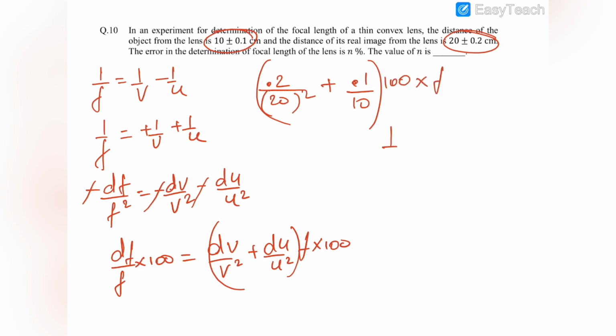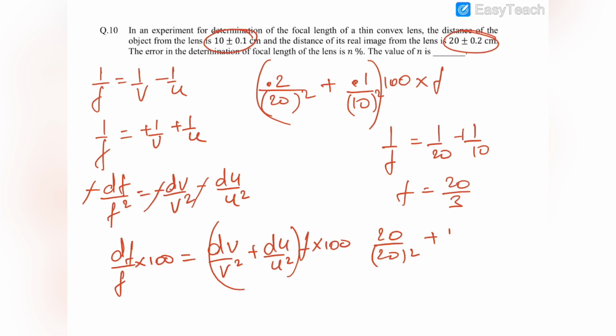Now 1 upon f is 1 upon 20 plus 1 upon 10, so f is equal to 20 by 3. Okay, so if we multiply 100 inside, then it would be 0.2 by 20 square plus 0.1 by 10 square, and f would be 20 by 3.